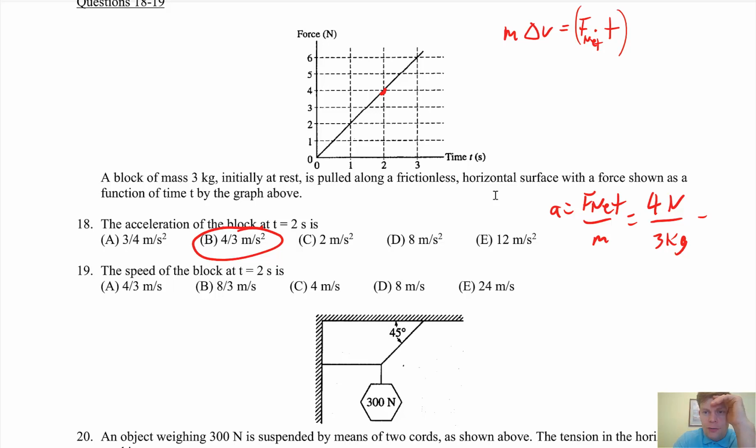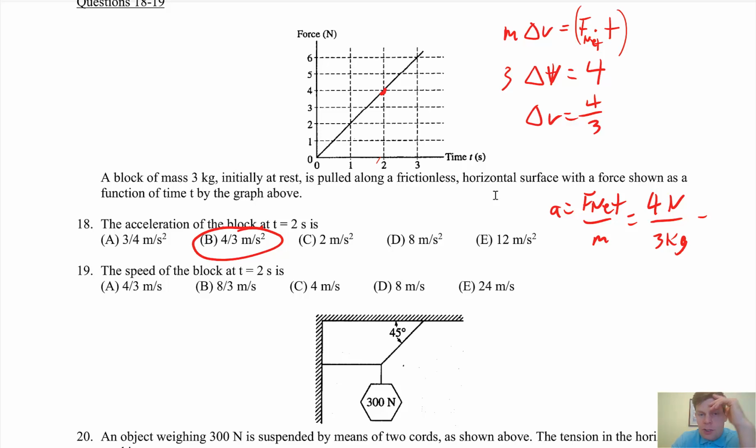So the area under the graph is equal to M delta V, and we can just divide by M. Area under the graph, we've got basically 4 times 2 divided by 2 to find the area of this triangle. So that would give us 4 over 3 for delta V. And that gives us that guy. Area under the graph is F net times T.